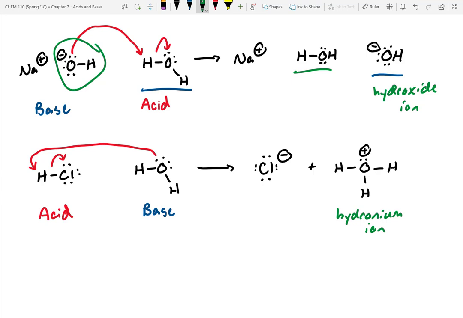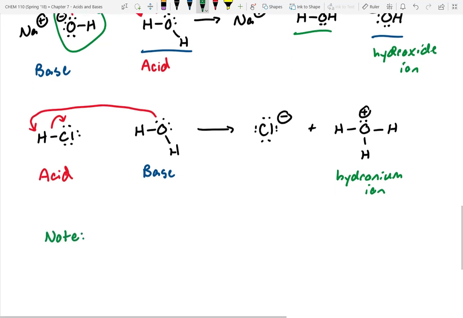In reality, in aqueous conditions, we're not producing H+, we're producing hydronium ions. Under basic conditions, we're oftentimes producing hydroxide ions. So that theory is partially right, but not entirely right. Does that make sense? Let's make a note that water can act as an acid or a base.